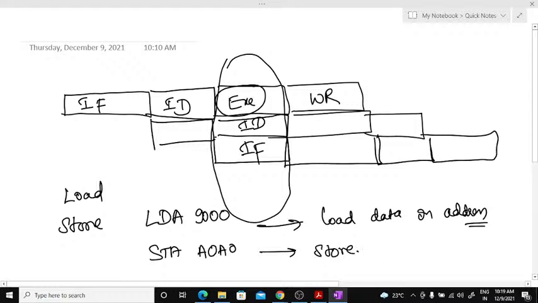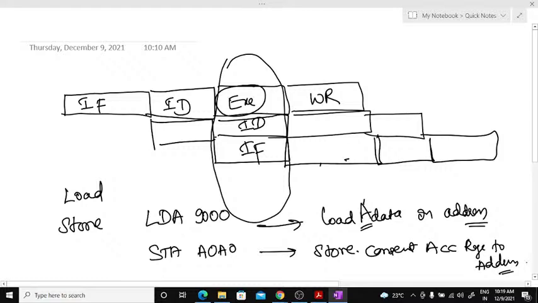Here load A register from the address. Here store the content of accumulator register to the address.